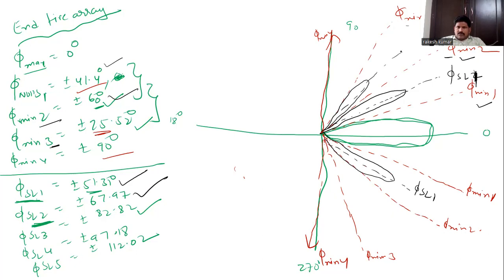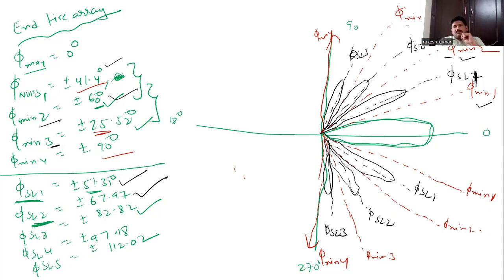So this is my side loop level 2. Similarly, this is side loop level 3.